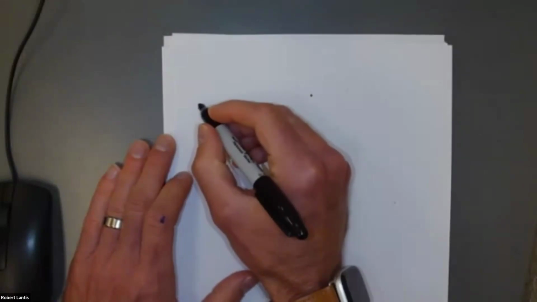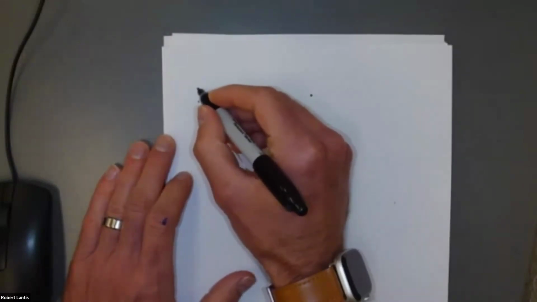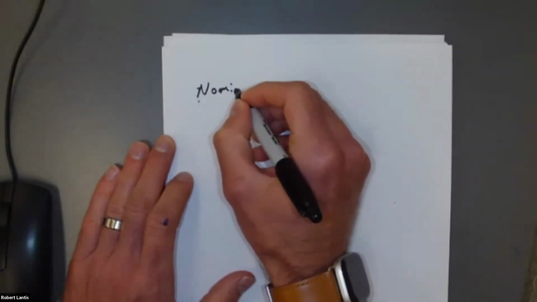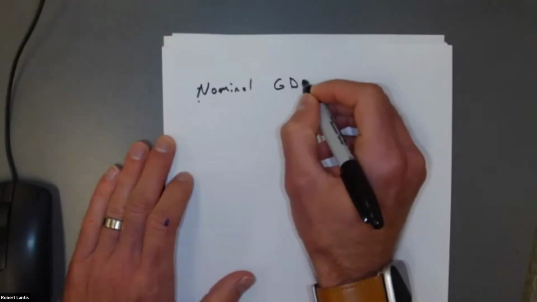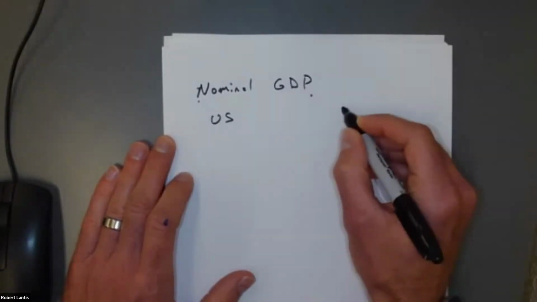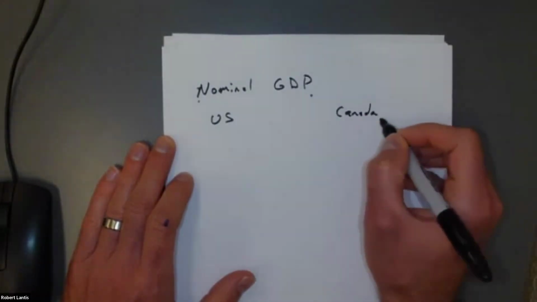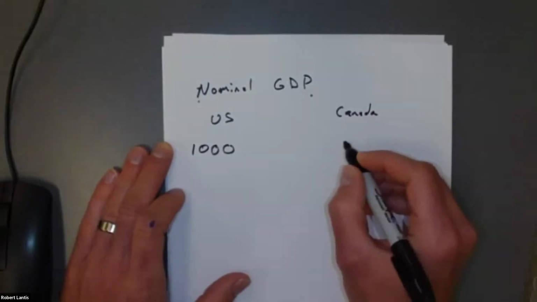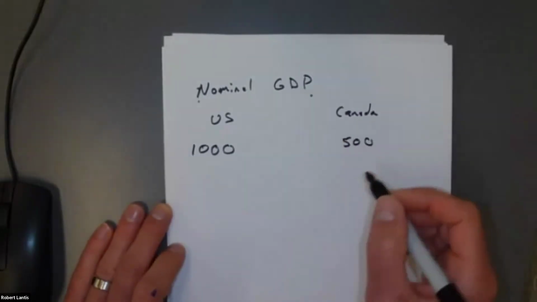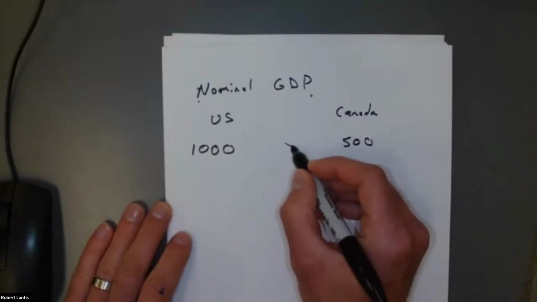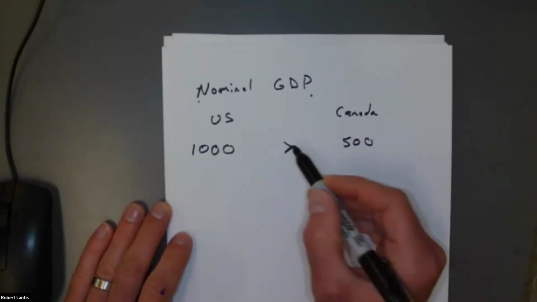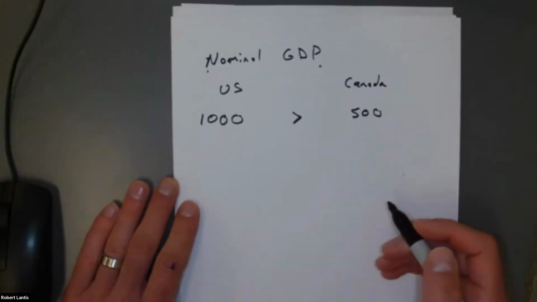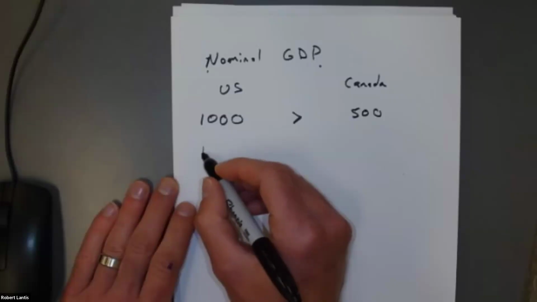Let's say I want to be looking at nominal GDP, and I'm looking at the US and Canada. Right? So the US here, I'm going to have 1,000 as their nominal GDP, Canada 100, right? Easy numbers to deal with. If I just use nominal GDP, it looks like the US has a stronger economy.